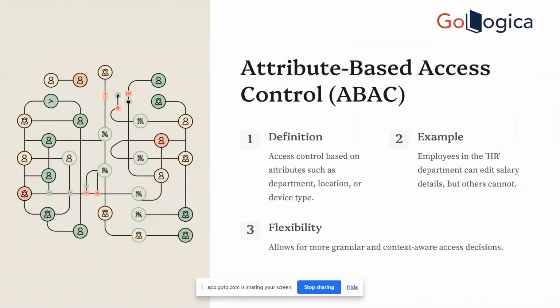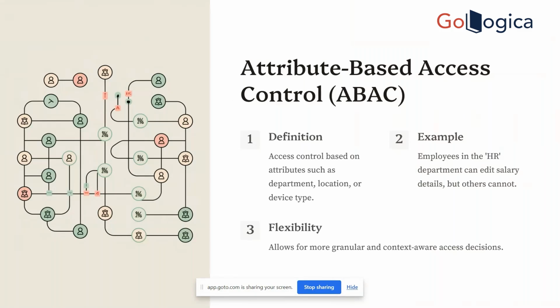Attribute-based access control means, as I told you in the starting time, we are talking about the identity, correct? According to the identity, having some attributes, some character sketch, correct? Like his name, date of birth, location, department, designation, skill set, manager ID, whatever the things, where he is based out, correct?